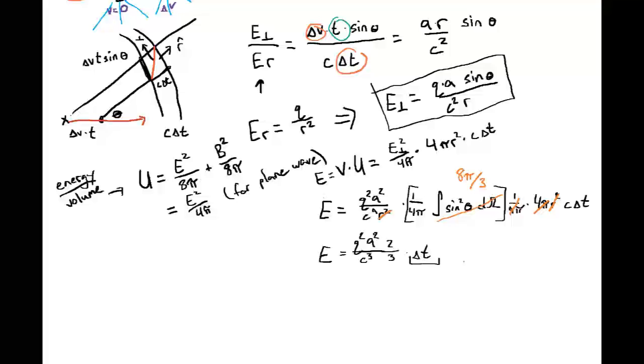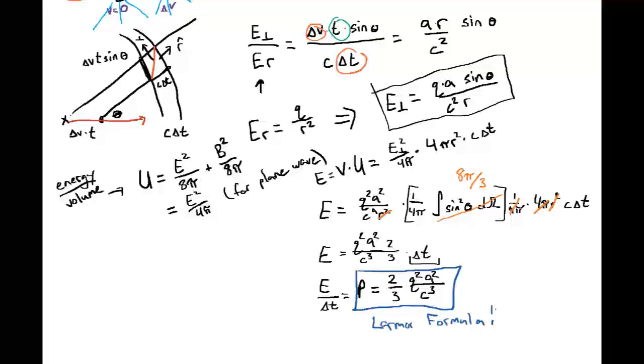But what you can do is divide by this delta t, and you can say the energy carried over a time interval delta t, well, the change in energy with time, that's just the power carried. So this power, P, is given by 2/3 q squared a squared over c cubed. And this right here, this is the Larmor formula.